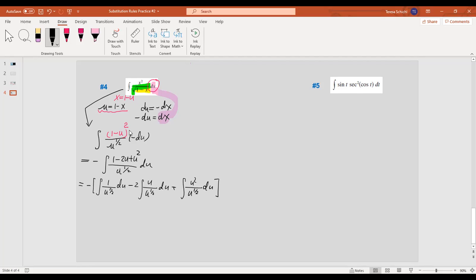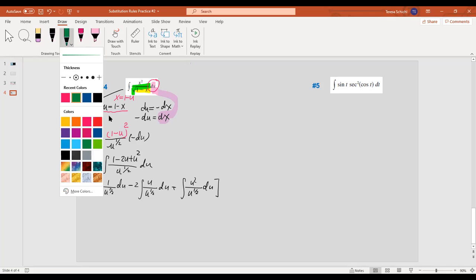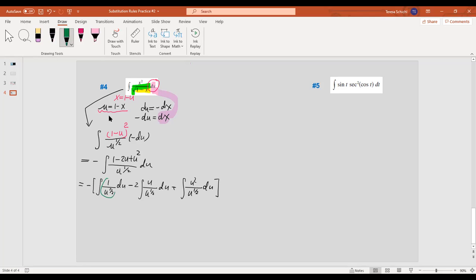I just separate one big fraction into three small fractions. It's just like what we did from the previous one. It's a little tricky there, right? Now let's take a look. So 1 over u to the 1/2 becomes u to the negative 1/2. I change everything to the power rule so I can use the power rule.